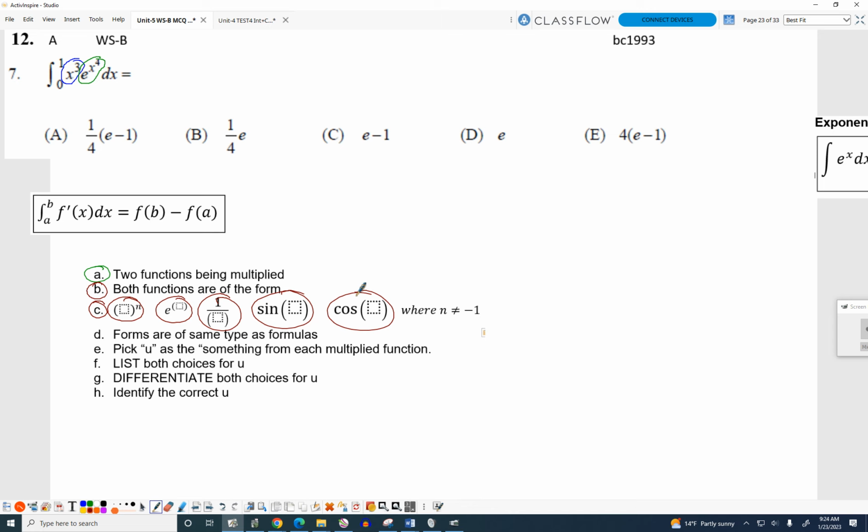Okay, this little dotted box is what I refer to as the something. So that first formula is something to the third. What's the something? X. It says right here we're doing a U substitution. We should pick the U always as the something. So that means for that blue formula, U is equal to X.